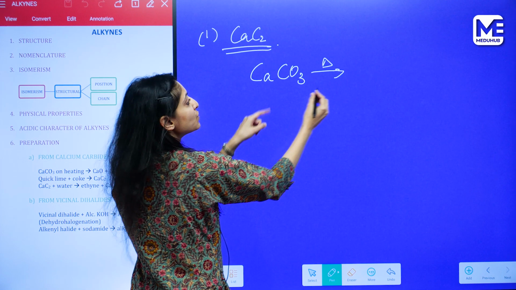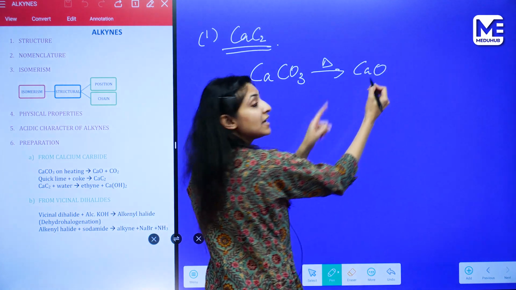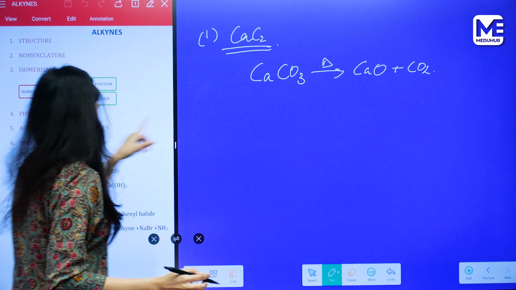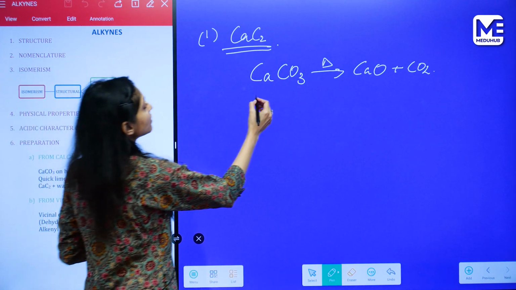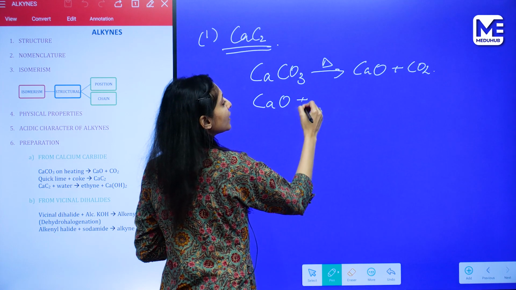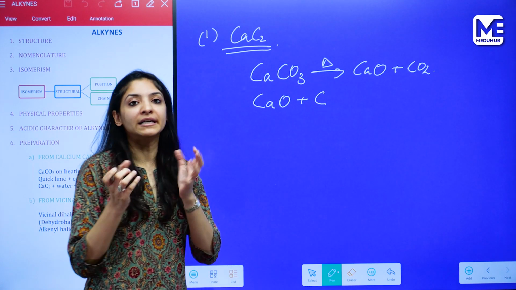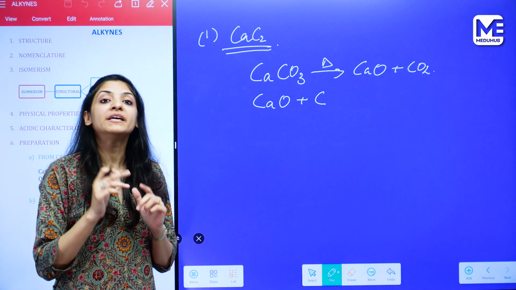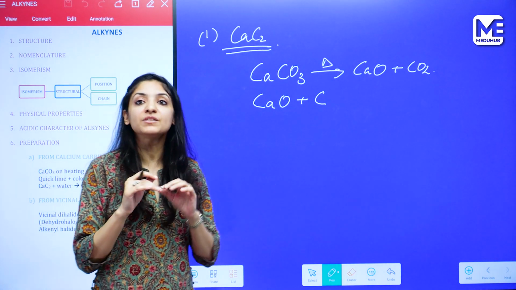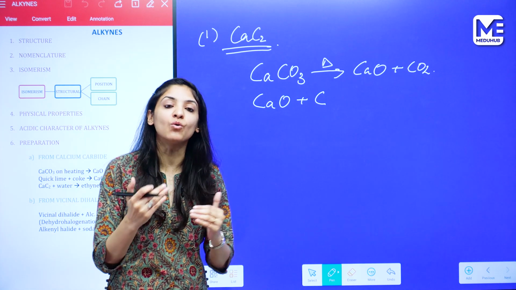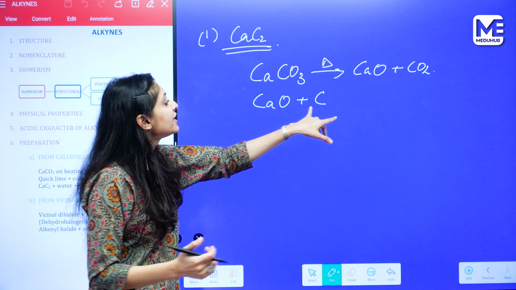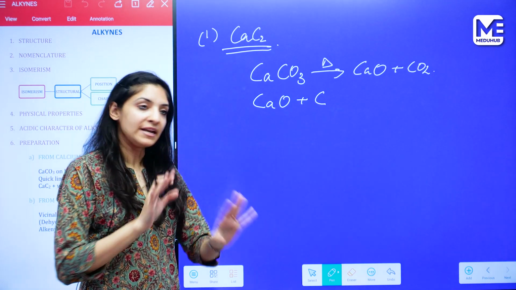On heating limestone, we get quicklime, CaO, and CO2. Now this quicklime is treated with coke. What is coke? It is a hardened grey material made from coal. It is a fuel, but it has very few impurities, and it is made by heating coal in a very small quantity of air. That is why it is almost pure carbon.